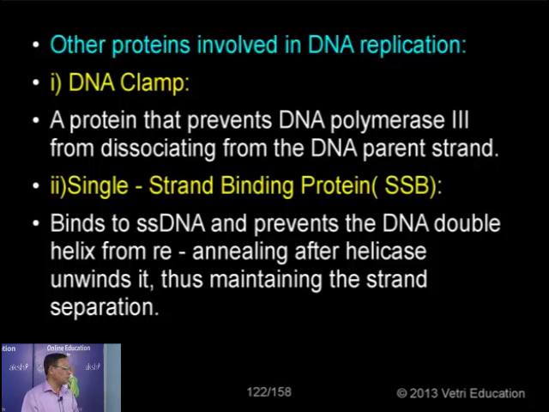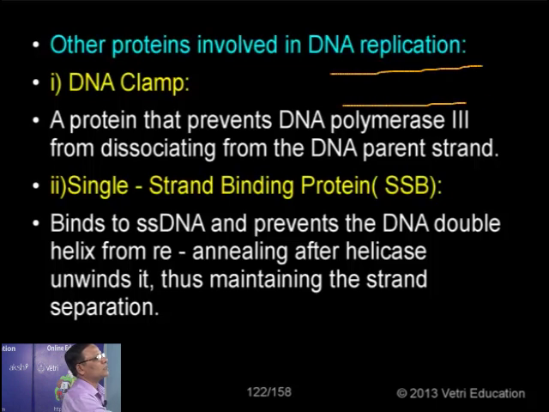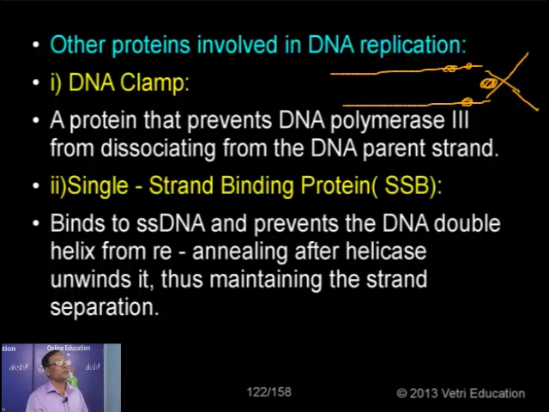The single strand binding protein binds to the single stranded DNA. So this is the DNA strand, single stranded DNA strands. These parts are yet to be separated. Here is the enzyme helicase. Now this single strand binding protein binds with the strands, preventing them from re-annealing. Re-annealing is the union of the two strands once again to form a double helix.